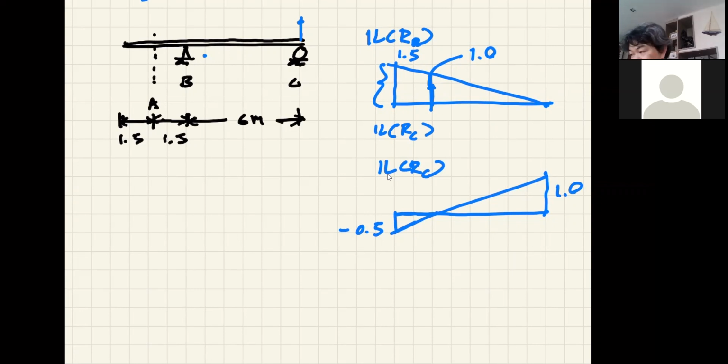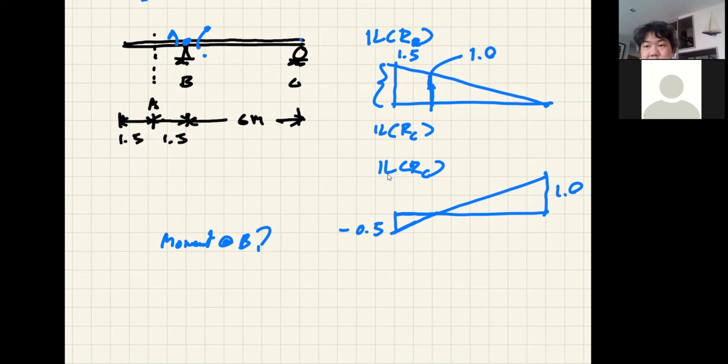And let's say I want to know the moment at B. That means I will allow MB to move freely. Okay, so it's like this.